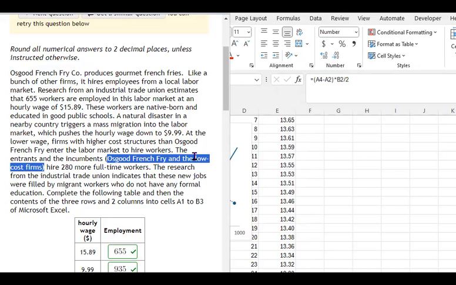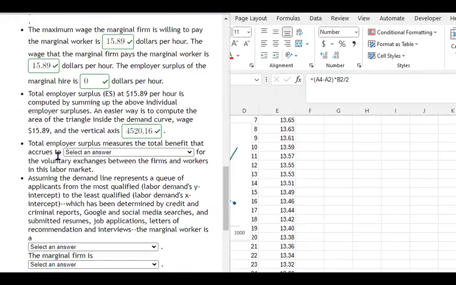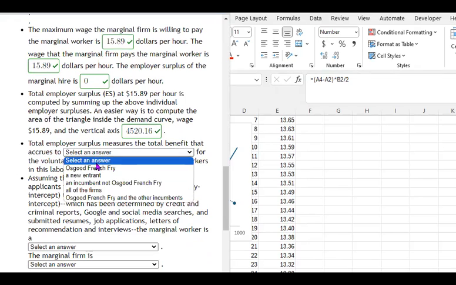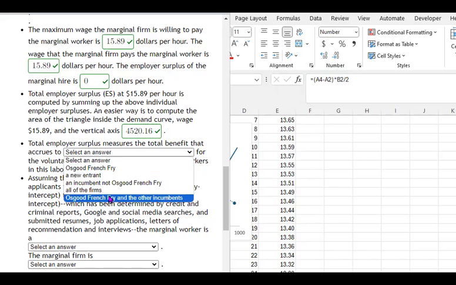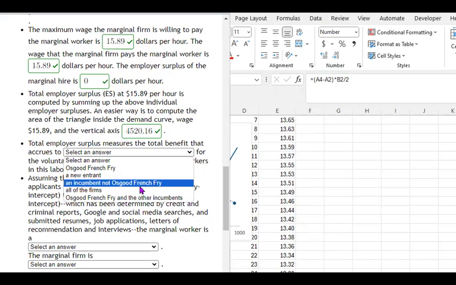Only the low cost firms, which includes Osgood French Fry Company, were in this market hiring these workers. So down here, total surplus measures the total benefit that accrues to Osgood French Fry Company and other incumbents. Osgood French Fry Company is not the only one in this labor market. The other incumbents and Osgood French Fry Company are the incumbents, and they're also low-cost producers.